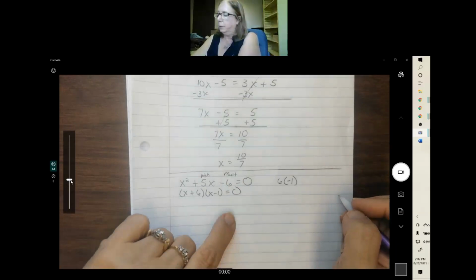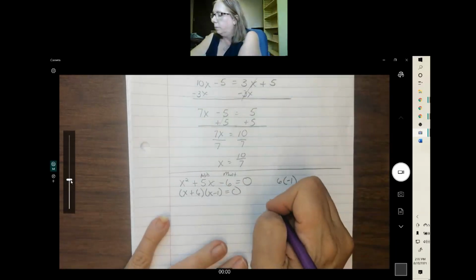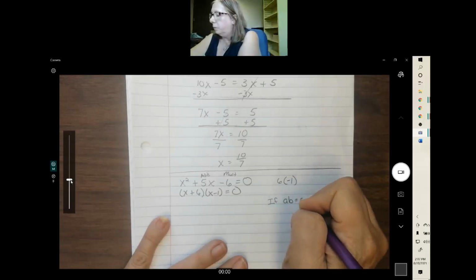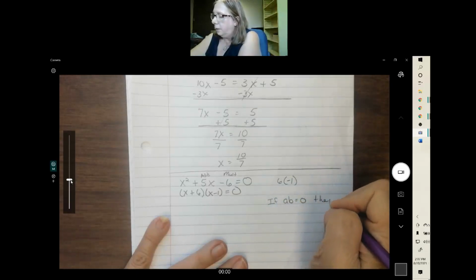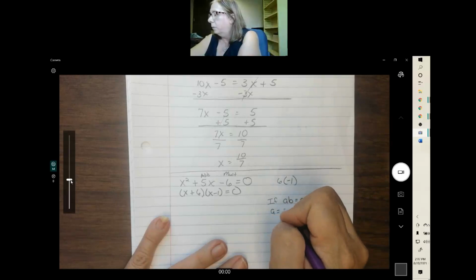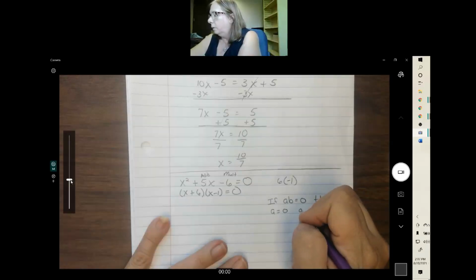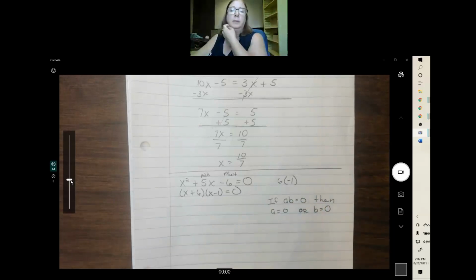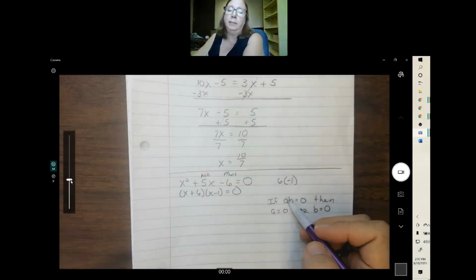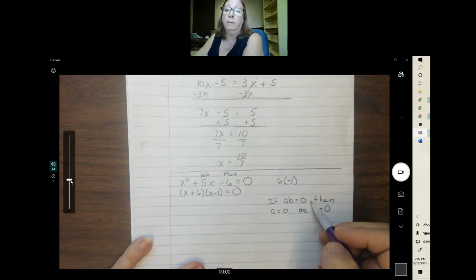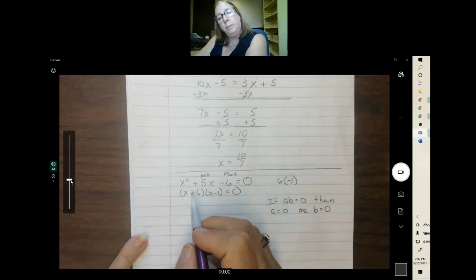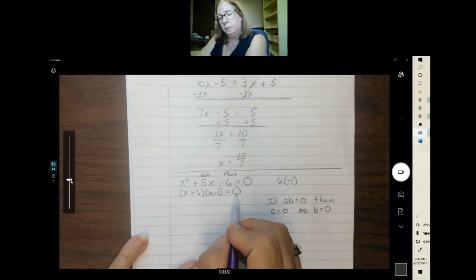Now, in order to solve this, we have to use a theorem. If AB equals 0, then A equals 0 or B equals 0. So when you have two things multiplied together, in order to get 0, one of them has to be 0. So we can set both of these equal to 0.